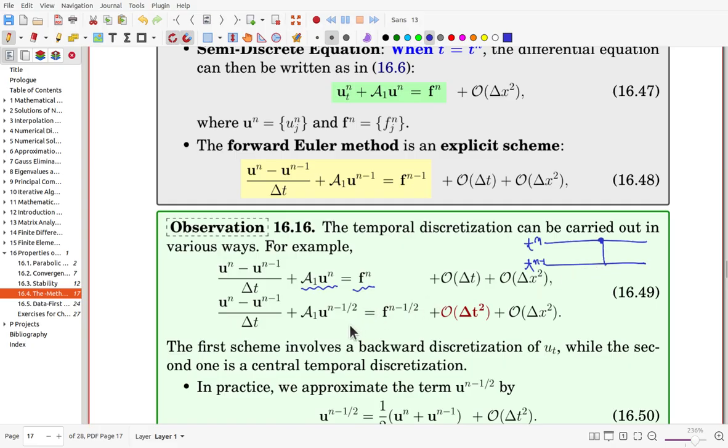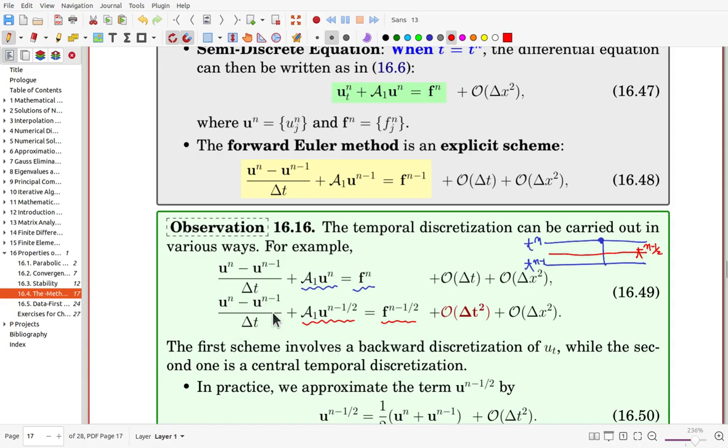Now, how about this one? Here we are using the central level, between these two levels, so that is t_{n-1/2}. For this level, we consider the spatial derivative and the source value on this level, and this difference becomes central once we consider that we are sitting on this level.